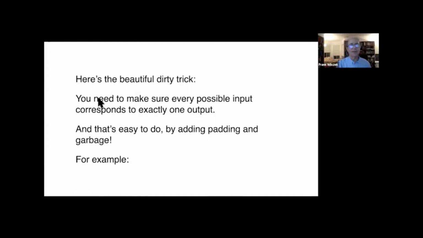What you have to do is, when you do a computation, make sure that every possible input that you have at the beginning of your computational step corresponds to one and only one computational output. I'll show you that concretely in a moment.